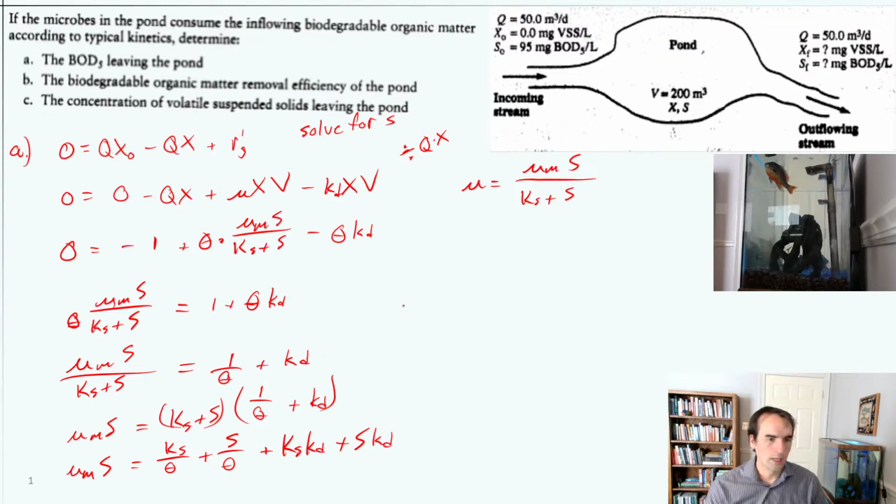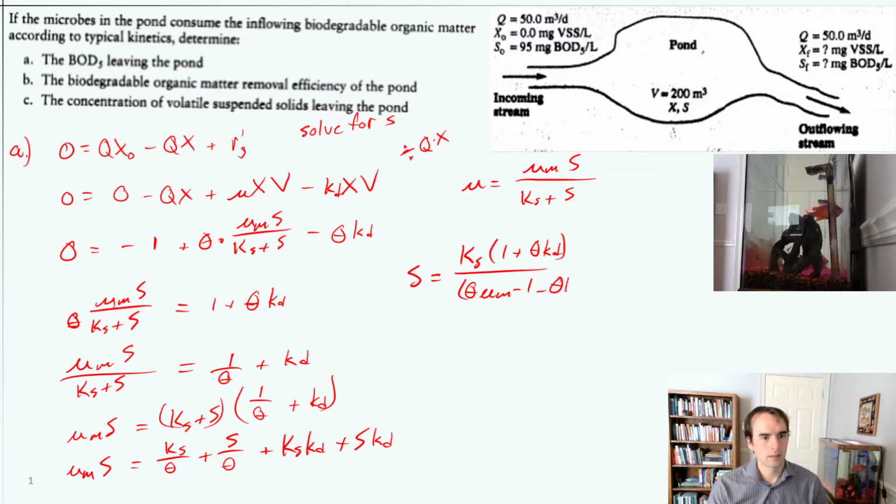we should end up, when we solve for S, and I'm skipping some steps here, what we should be able to get, if I've done that part correctly, is Ks times 1 plus theta Kd divided by theta times mu max minus 1 minus theta Kd.